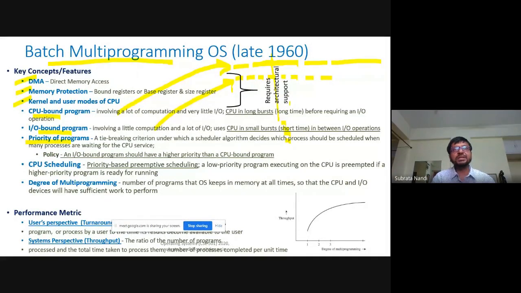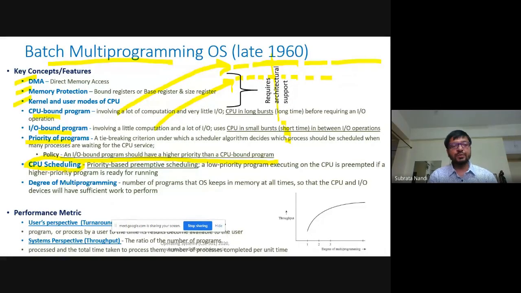So overall, the policy is to give preference to IO bound processes more and more compared to the CPU bound processes. So that's why the policy is that an IO bound program or process should have a higher priority than a CPU bound program.